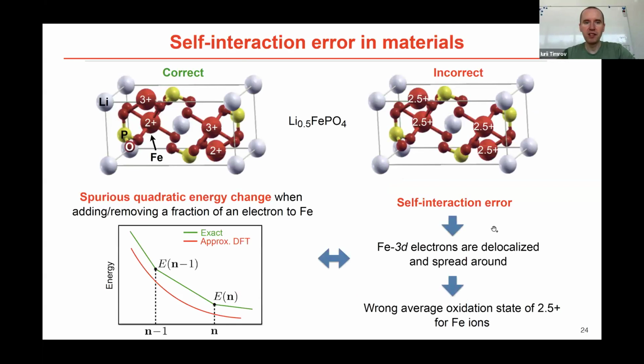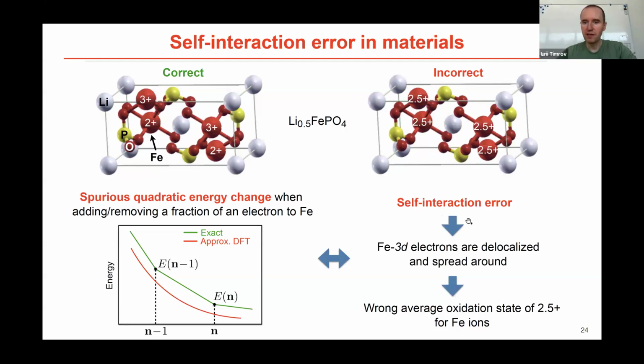So let's go back to our example from before. We already know the system. On the left is the correct case, iron 2+ and iron 3+. On the right is the incorrect case. So why do we have this incorrect case on the right, with the 2.5+ oxidation state? This is exactly rooted in the self-interaction error.